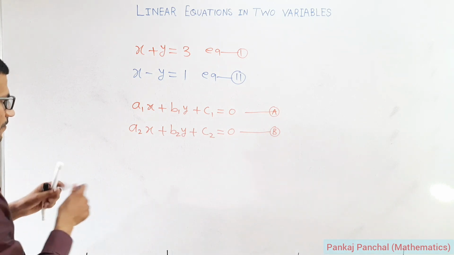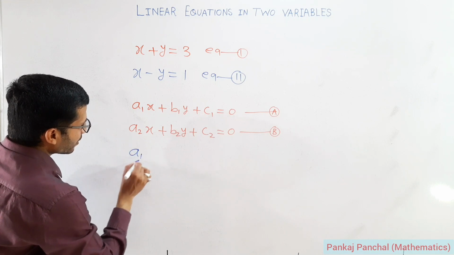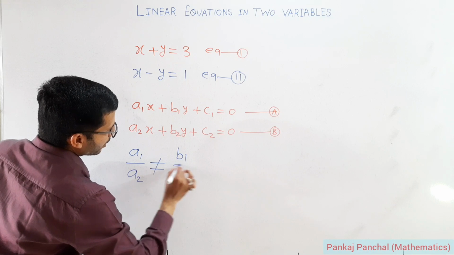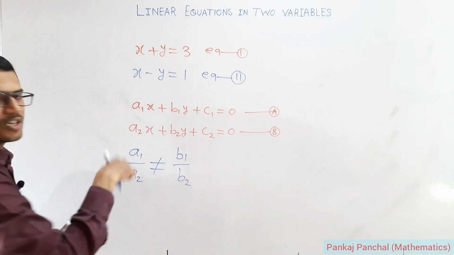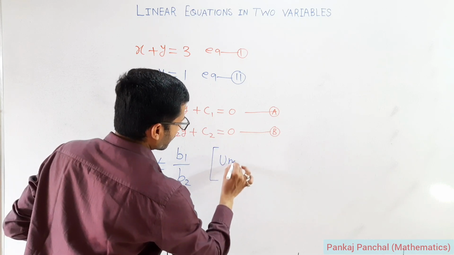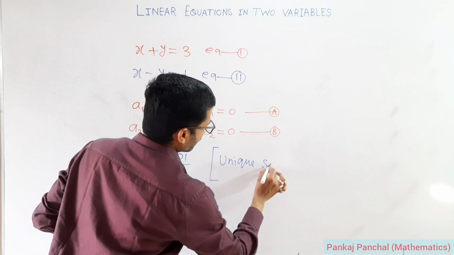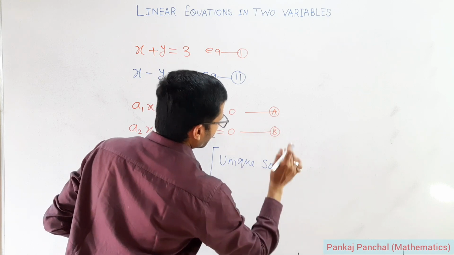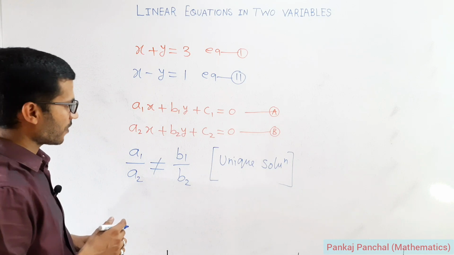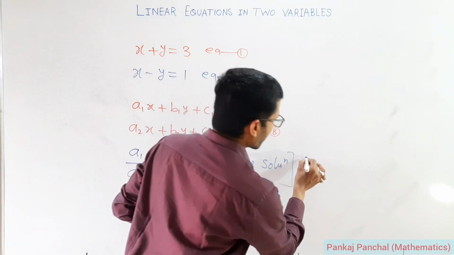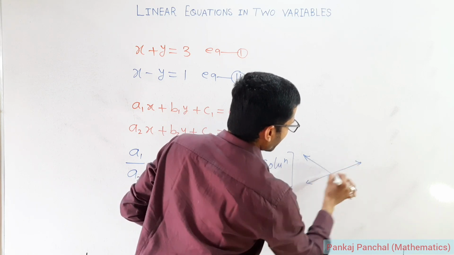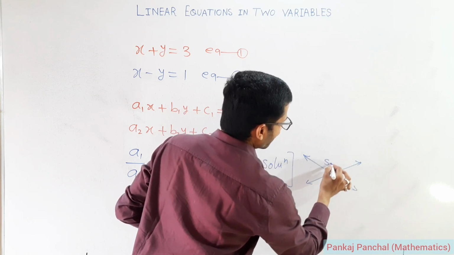First condition, when a1 upon a2 is not equal to b1 upon b2, then it gives us a unique solution. Unique solution means one value we get for x and one value we get for y. When we plot it on a graph, we get intersecting lines, and this intersecting point is the solution.